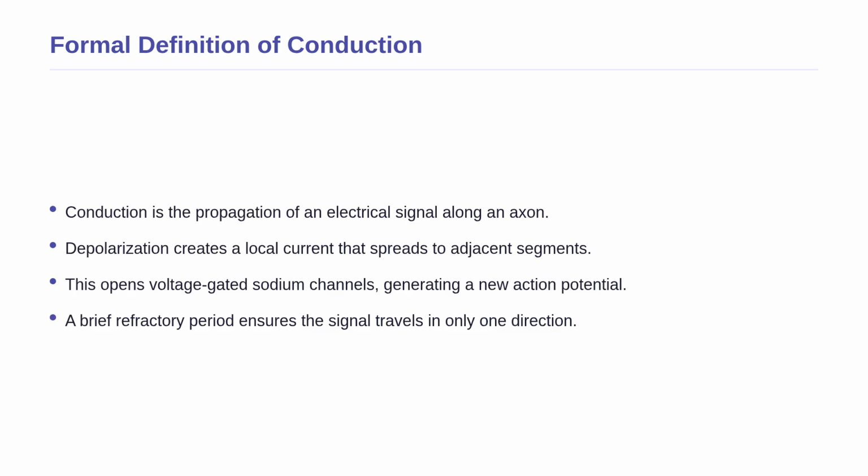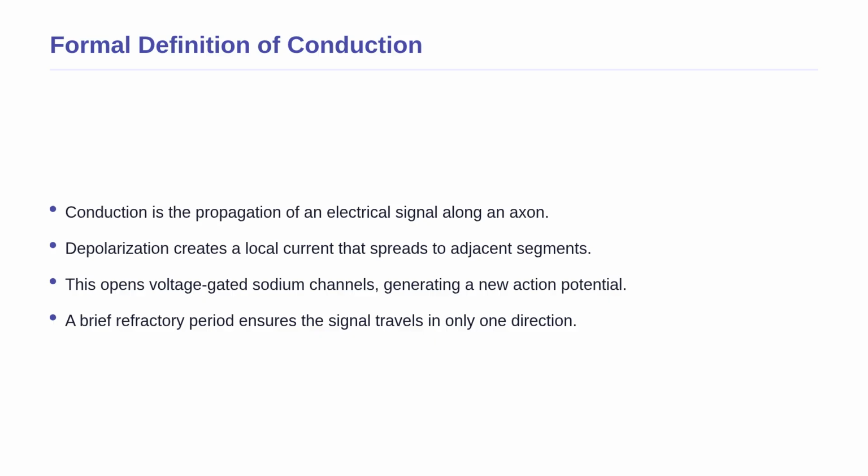Now that we understand the basic idea through our stadium analogy, let us look at the formal biological definition. Action potential conduction, also known as propagation, is the physiological process by which an electrical signal travels along the axon of a neuron to its terminal. When one segment of the axon membrane depolarizes, it creates a local electrical current.